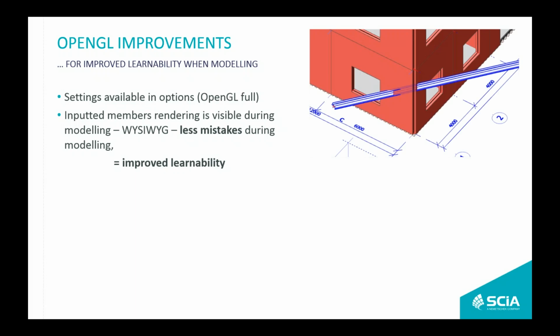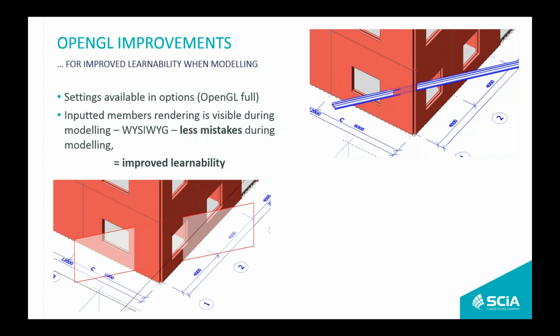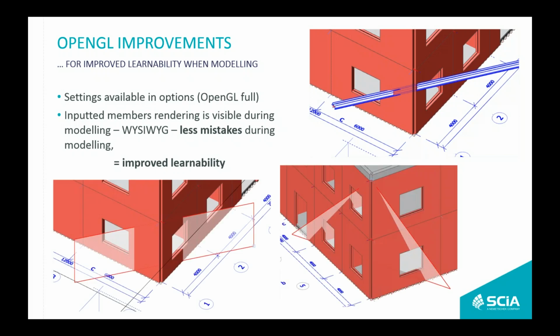In that way, basically what you see is what you get. It is clear where newly added members intersect other members already in the model, and it should lead to less confusion. This is applicable to both 1D members, walls, or flat or any inclined slab, as is visible on these images.